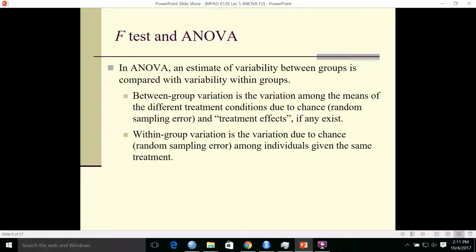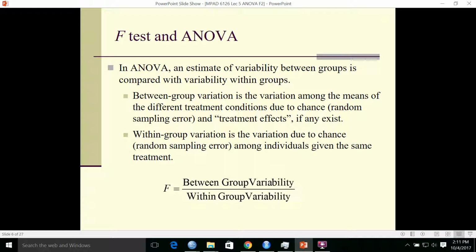The within group variation is the variation that would be due to chance among the individuals in each one of those groups. So basically what we want to see is whether there is more variation between the groups relative to within the groups. That will tell us if there is a significant difference between any of the categories.